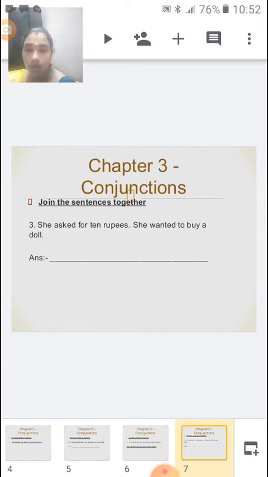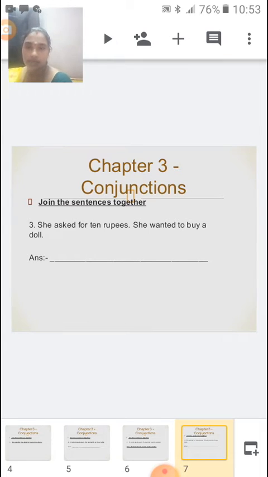How do you join these two sentences using a conjunction? You can write it like this: She asked for 10 rupees to buy a doll.